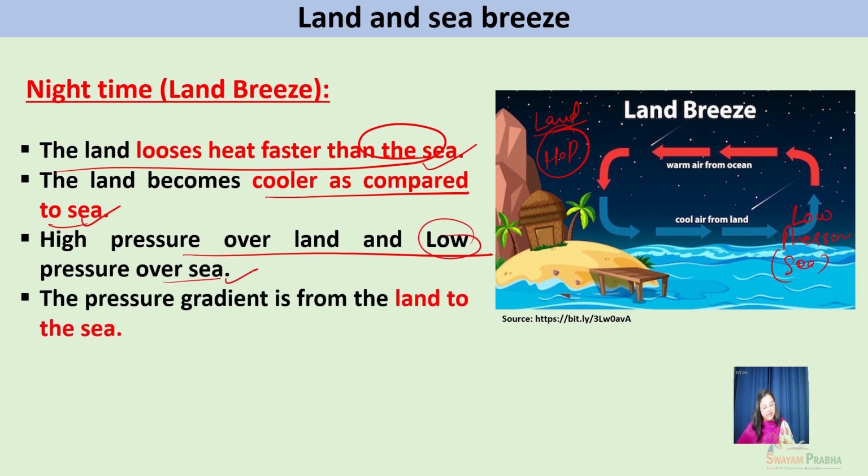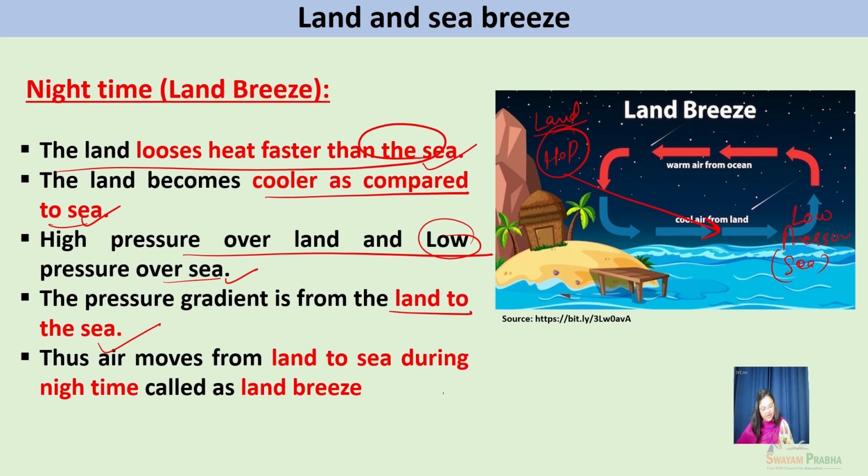The pressure gradient now is reversed. Initially, during the daytime, it was from sea to land. Now, during the night time, the pressure gradient has reversed. It has become from land to sea. So, the air will also blow from the land areas towards the sea areas during the night time, which are also called as land breeze or land winds.